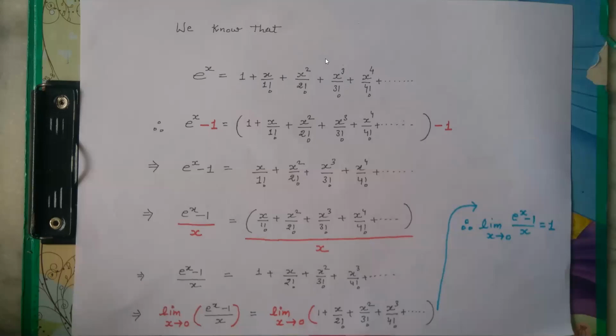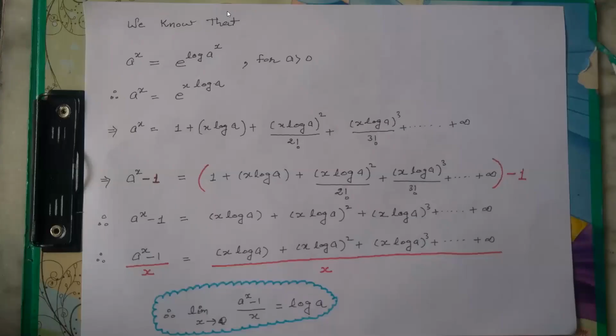So in the next example, in place of x, what is there? x into log a. So let us discuss that. Here in place of x we have x log a. So a raised to power x is equal to 1 plus x log a plus (x log a) whole square upon 2 factorial plus (x log a) whole power 3 upon 3 factorial, and so on up to infinity.